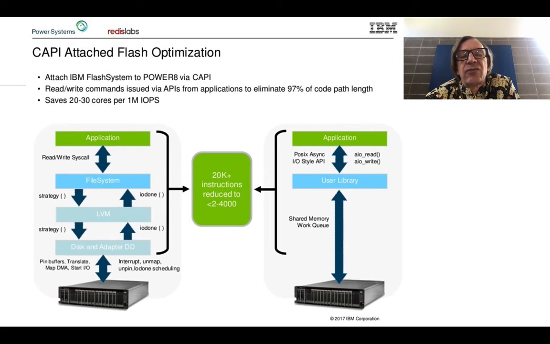And the end result is that you're saving a lot of CPU cycles by using an interface like this, and are also able to achieve these block copy operations and ultimately the key value store operations at very high performance.